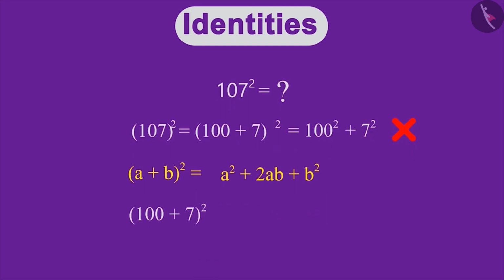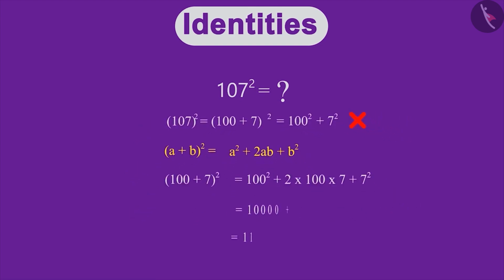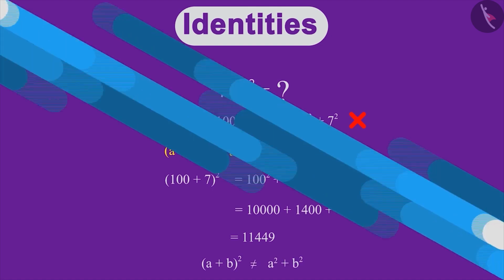Therefore, by applying the identity, we will expand (100 + 7)² in this way. After simplification, we will get this as our final answer. So, we should always keep in mind that (a + b)² is not equal to a² + b². Let's check out one more example.